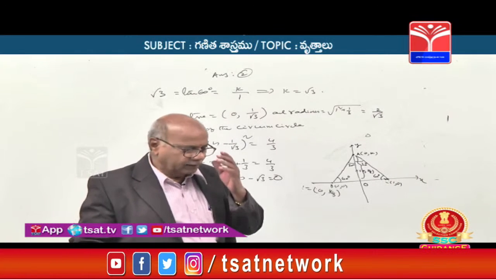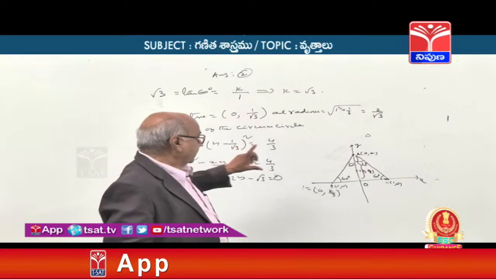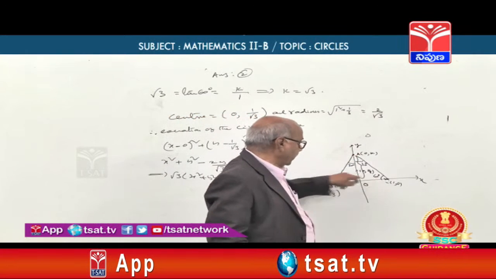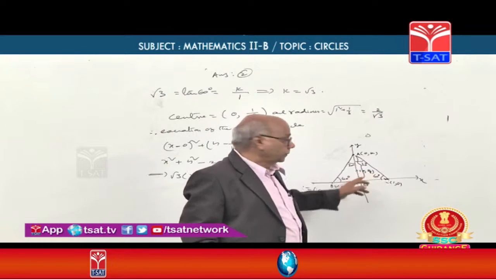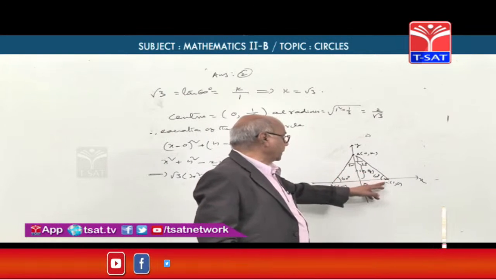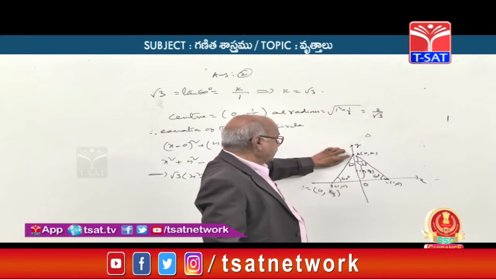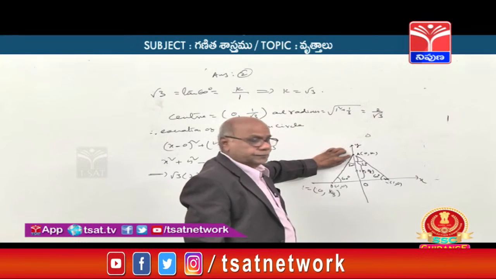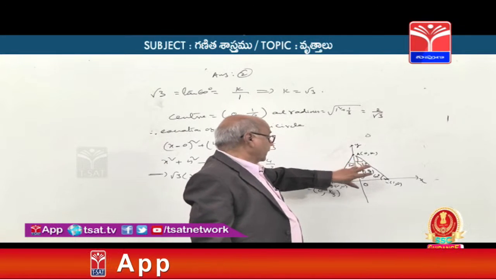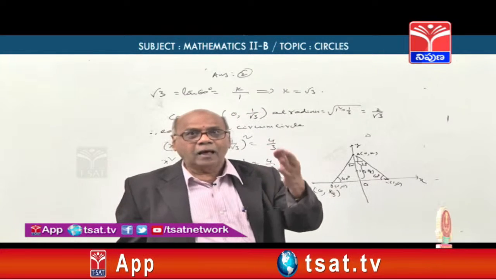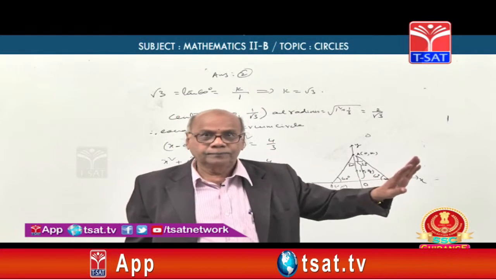See here, the only thing is observing that A lies on the y-axis, because this is the perpendicular bisector of BC. Y-axis is the perpendicular bisector of BC. So, A must lie on the perpendicular bisector. So, therefore, A is of the form 0, K. Now, for an equilateral triangle, centroid, circumcenter, incenter, orthocenter, all are same.